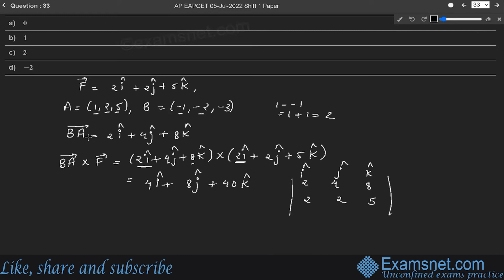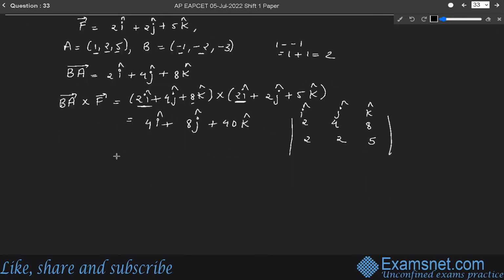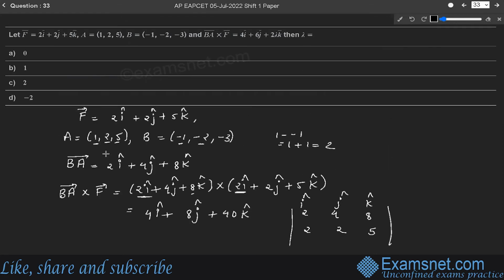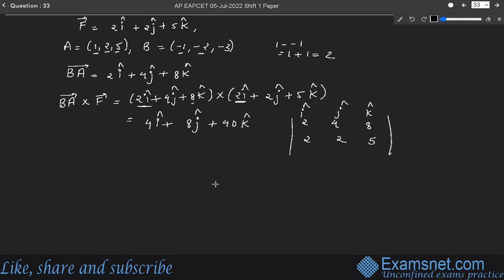After solving this determinant, the equation becomes, see, an equation is already given in the question, which is 4i plus 6j plus 2 lambda k. So we know that we have to solve this particular determinant. After solving this determinant, by removing the first row and the first column, it becomes 4 into 5 minus 8 into 2.